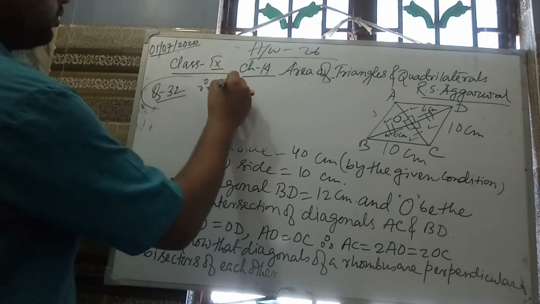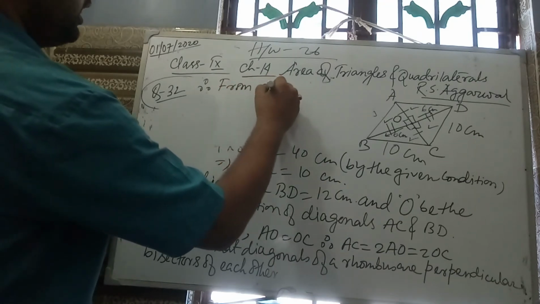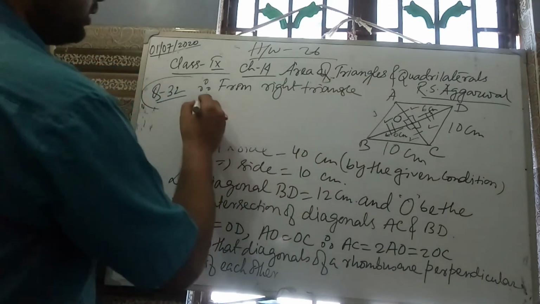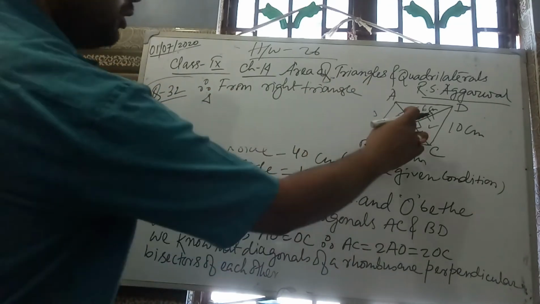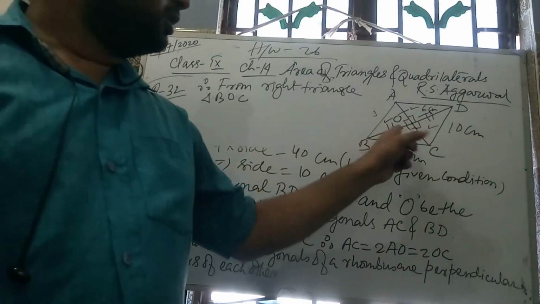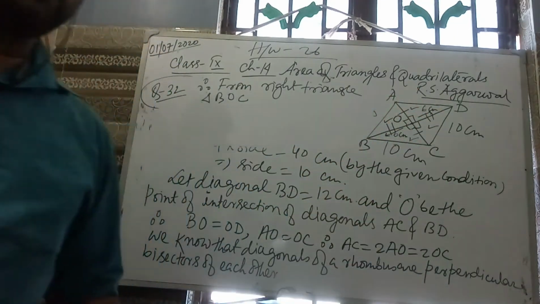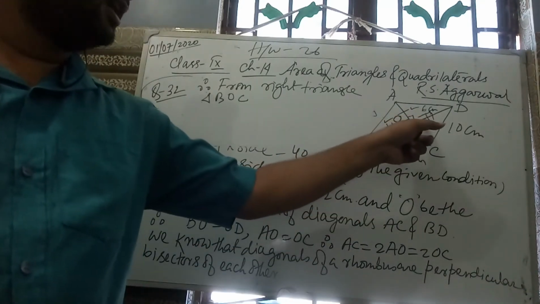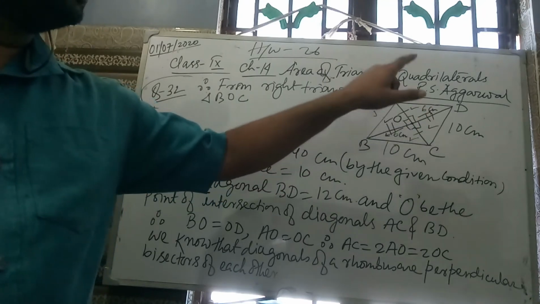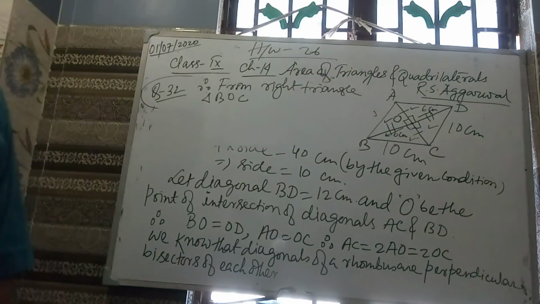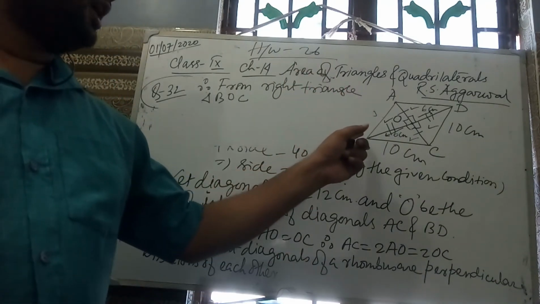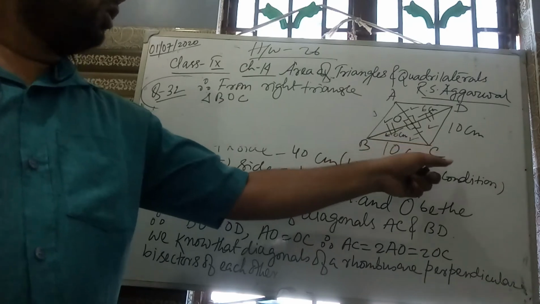Therefore, from right triangle BOC, look here, as I said, the diagonals are perpendicular bisectors. That means we have 4 right angles here. So each of these is a right angle triangle. Choose any of the right angle triangles. We choose right angle triangle BOC.